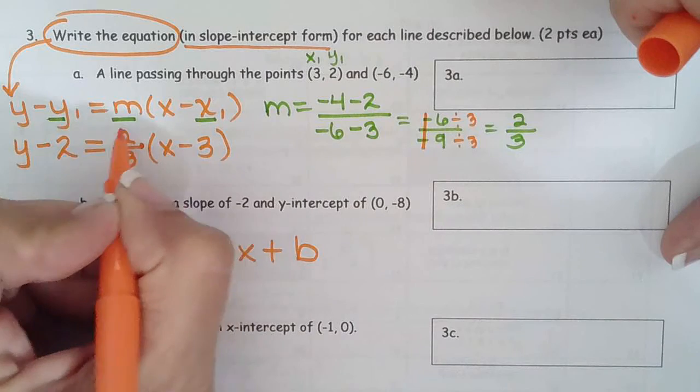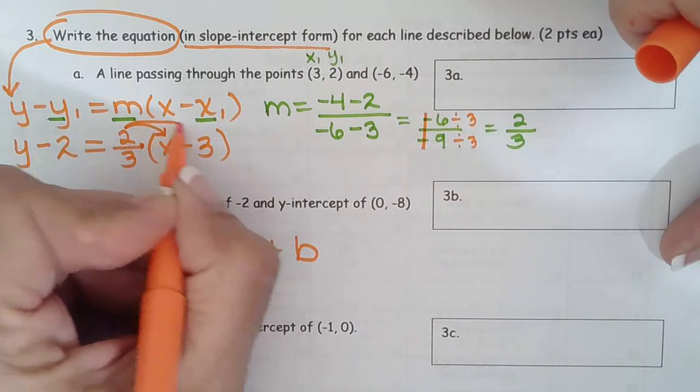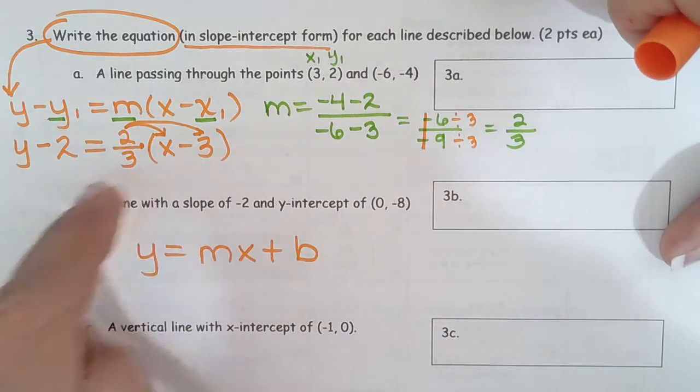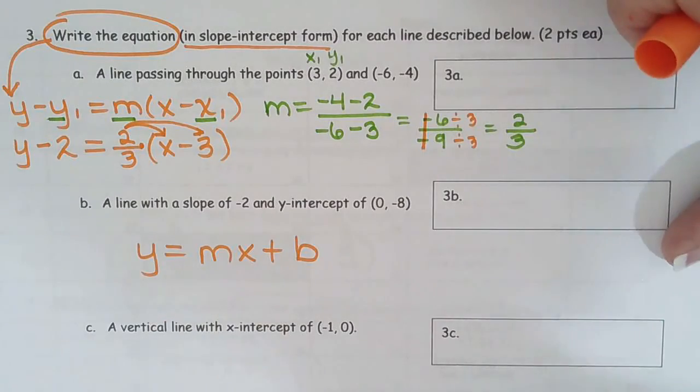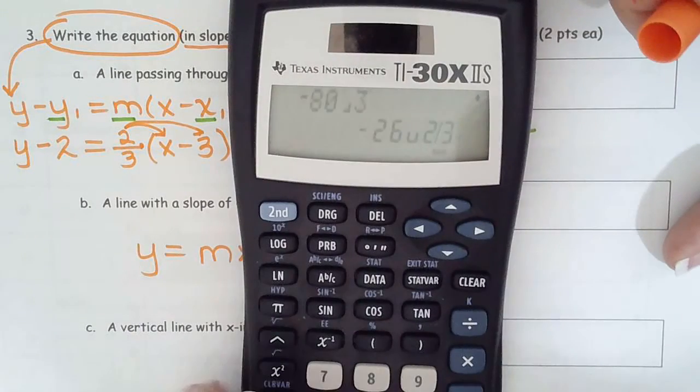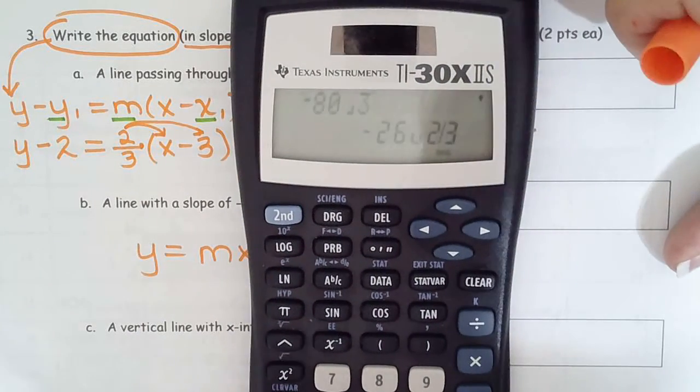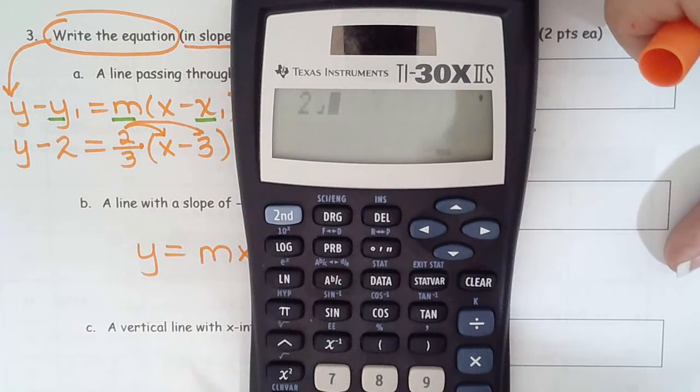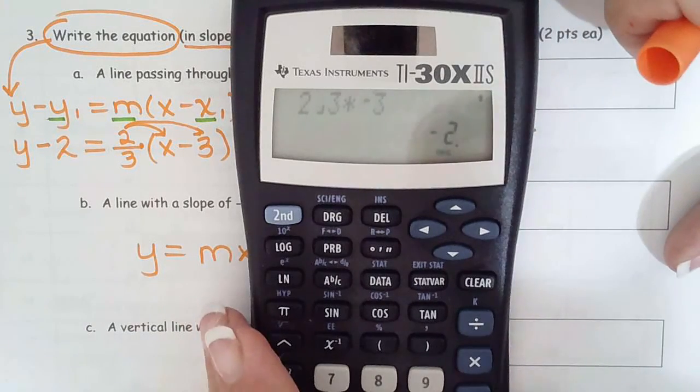And we're going to be multiplying here. So if you can't do that cancellation in your head, just type in your calculator 2/3 times, so 2 fraction bar 3 times -3, and you see it's -2.